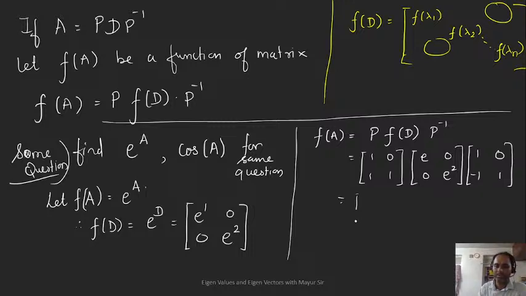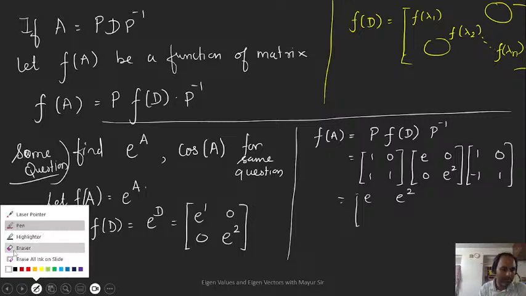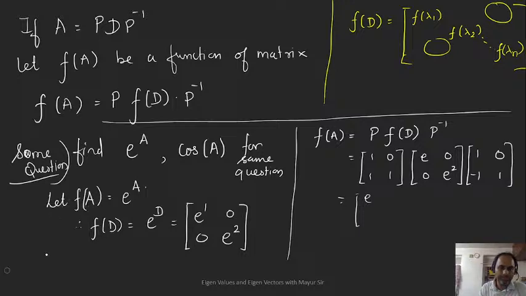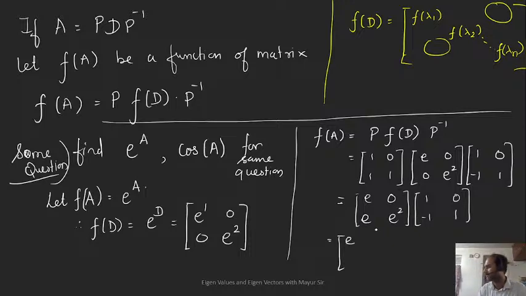Okay, so we do the multiplication, you get, this is first one, this is second, so you get 0, here it is e, and here it is e square, then [1 -1; 0 1], and then here you get e, and here it is 0, here you get e minus e square, and in the last one you get e square. So this is f of A.